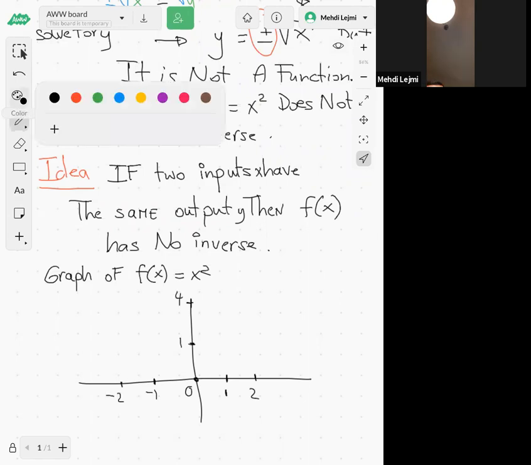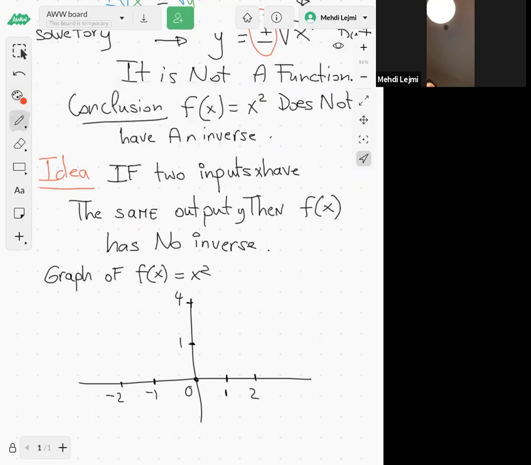Anyway, I'm going to graph x squared. So 0 squared is 0, 1 squared is 1, -1 squared is +1, 2 squared is 4, etc., and -2 squared is +4. All right, so here's the graph of x squared.